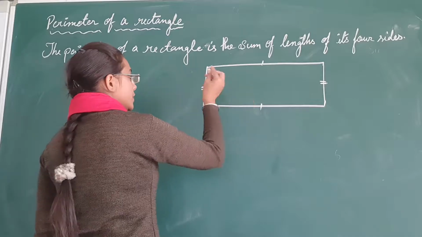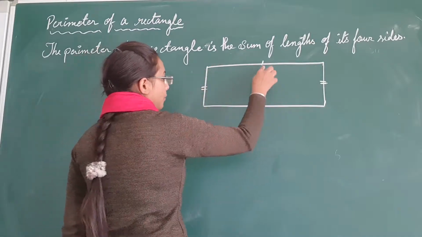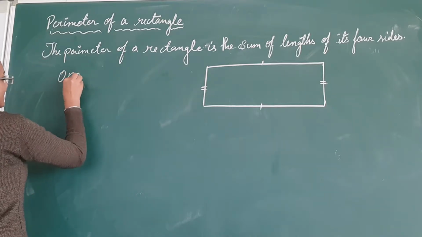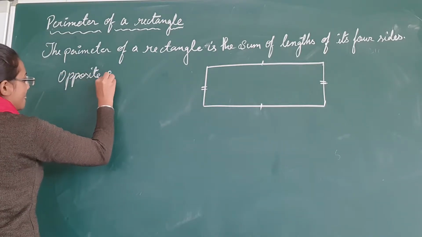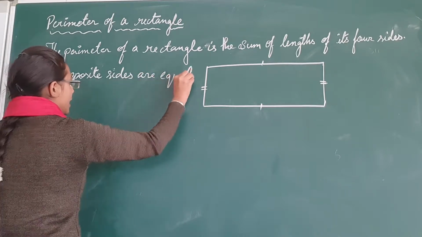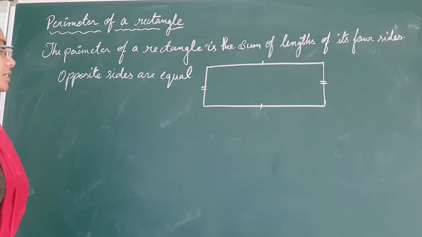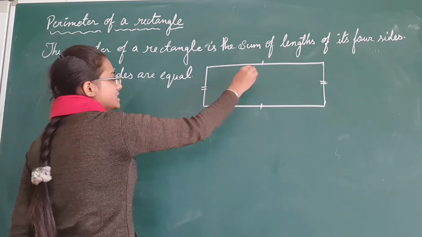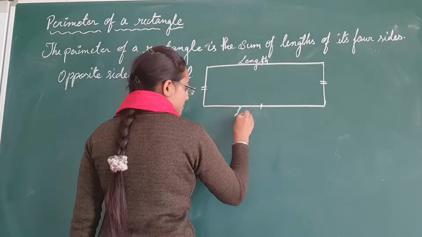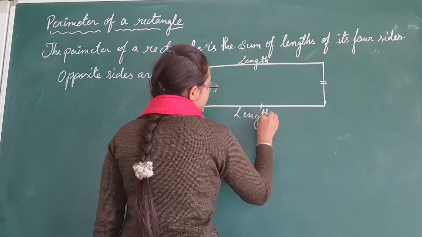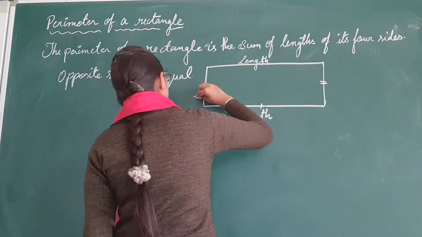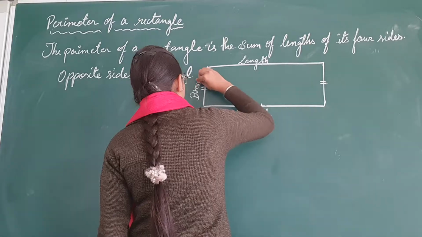Yes or no? Here, generally, the longer side is known as the length. So these both are the length, and the shorter side is known as the breadth.